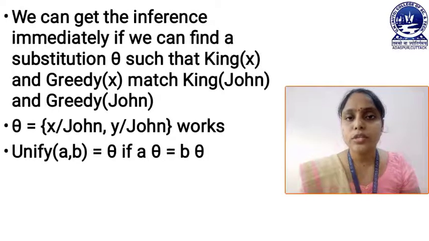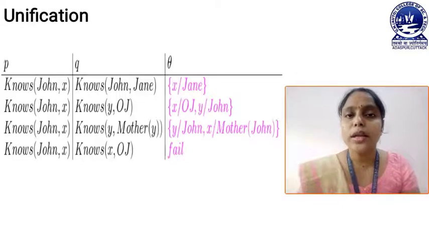When we substitute these variables, we apply unification: Unify(A, B) = theta if A theta equals B theta. Here in unification the important thing is substitution. That means when we find a substitution between two different literals, we make them identical using the substitution.